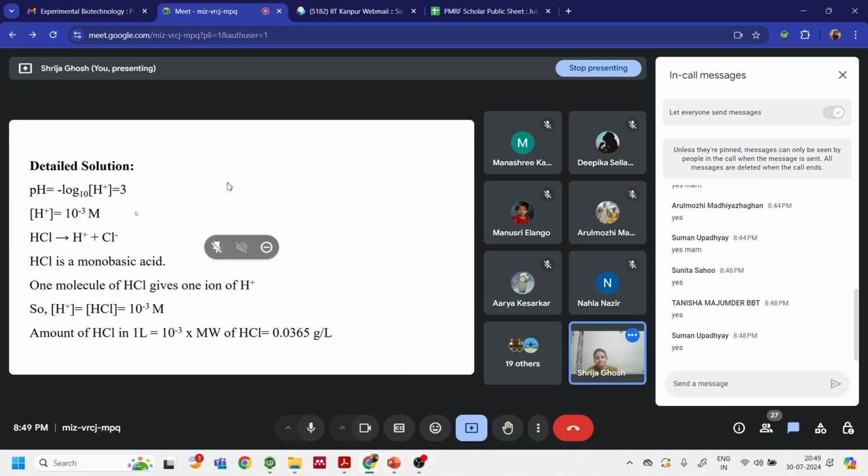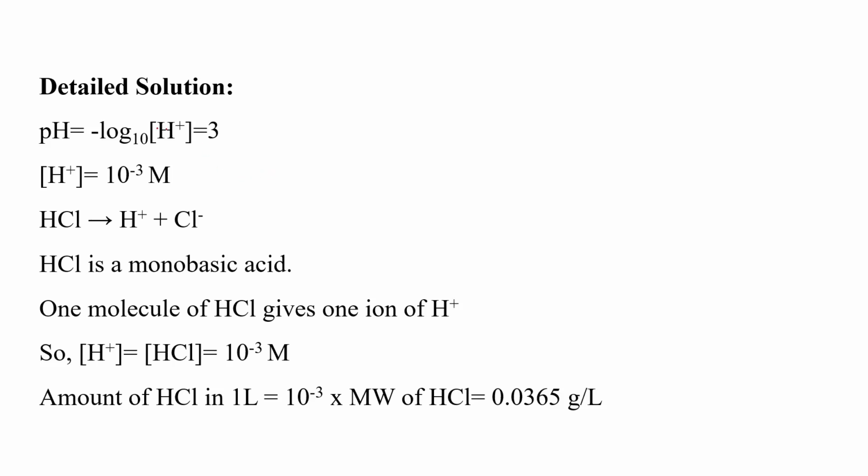So here you can see the pH is the negative log of H plus ion concentration, that is 3. So your H plus ion concentration is 10 raised to power minus 3, and HCl concentration will also be 10 raised to power minus 3.